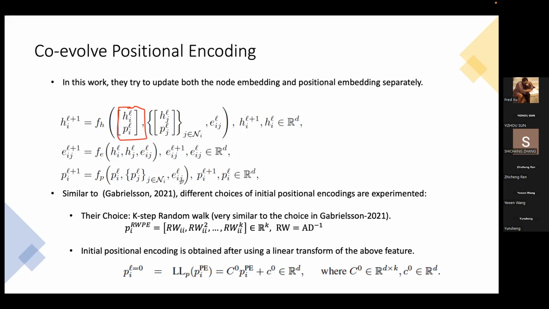I do see this L. Yeah, it's updated at each layer. Does that mean that for each layer, the position encoding will be different? Yeah, for each layer, the positional encoding will be updated, so it will be different.